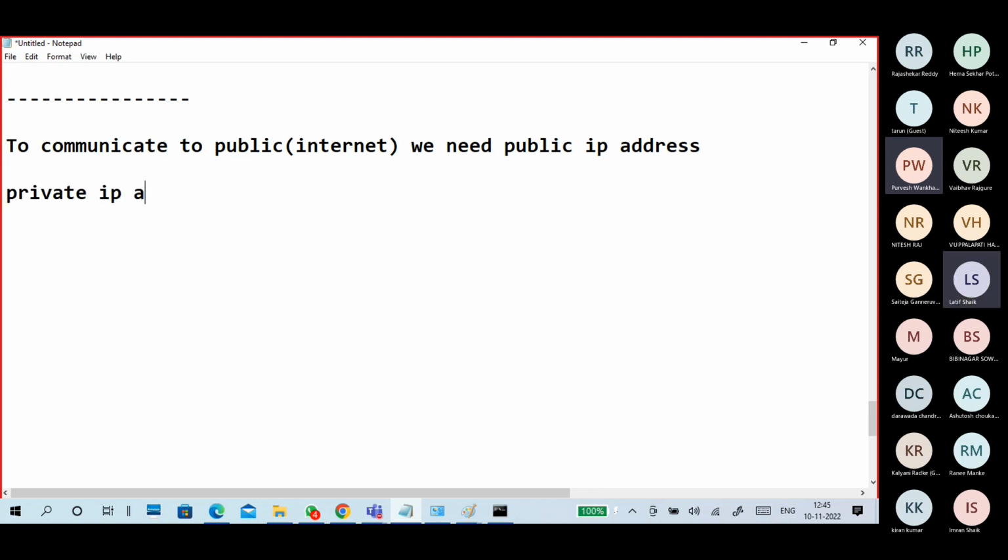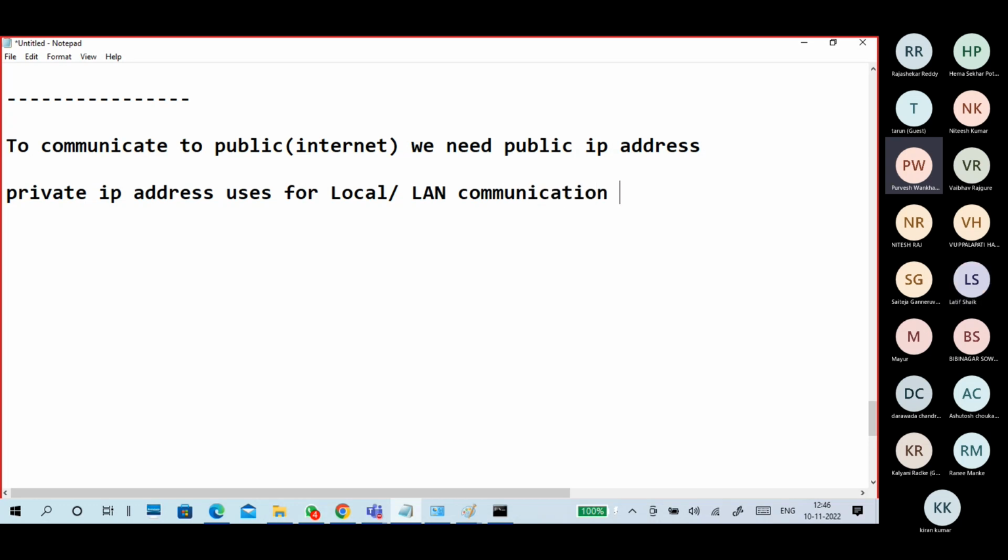Private IP addresses are used for local, or we can say LAN, communication purposes only.